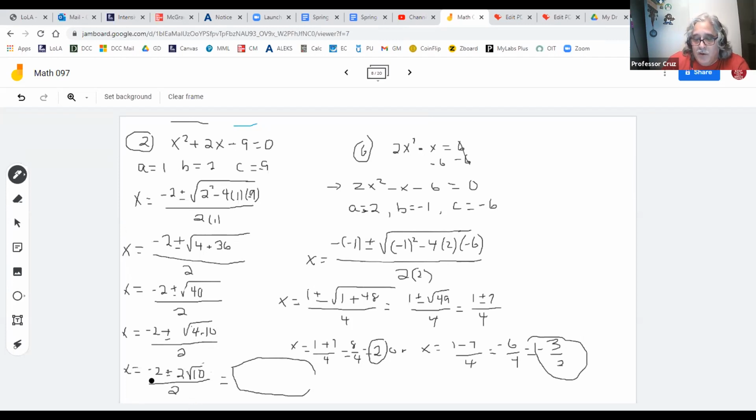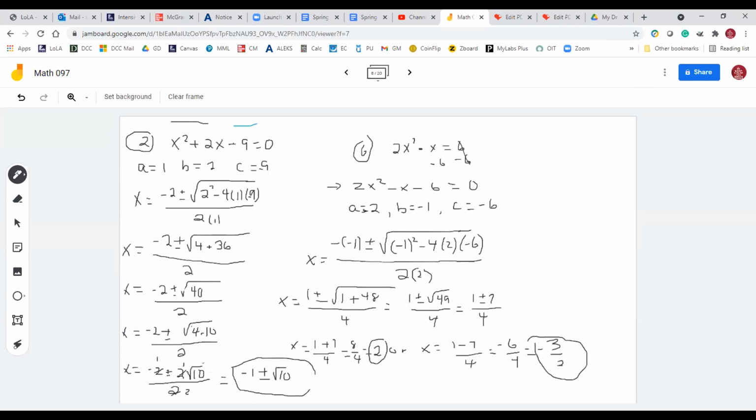Same thing here. 2 goes into 2, negative 1 times, into there just once, and in there just once. So it's negative 1 plus or minus square root of 10. Okay, any questions about that one? No.